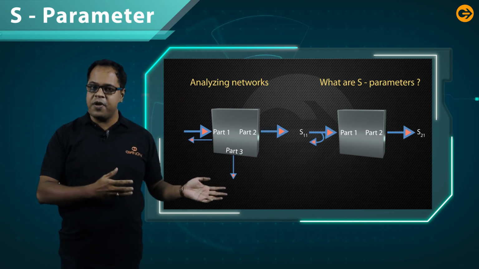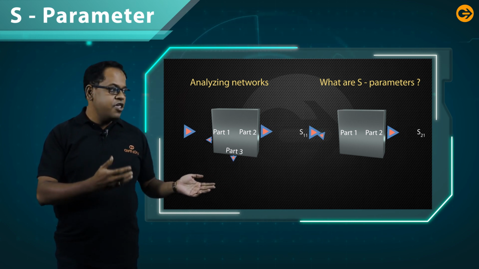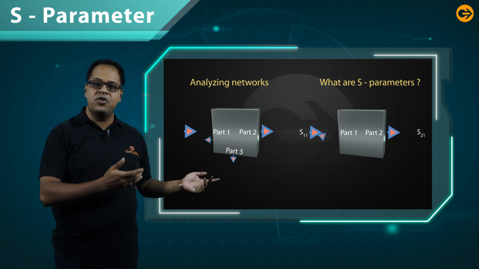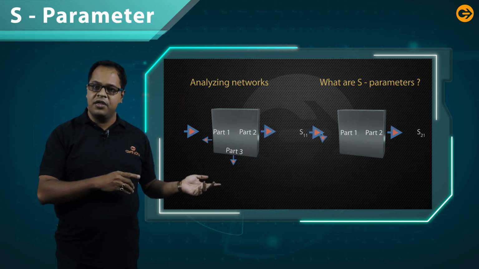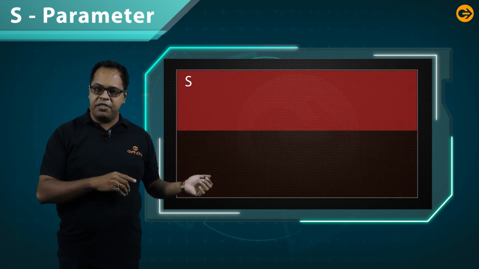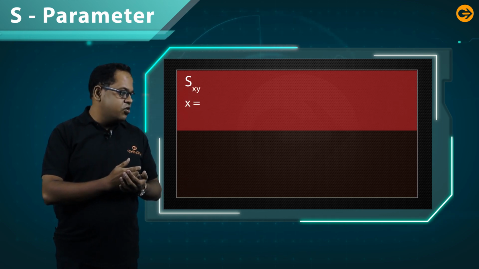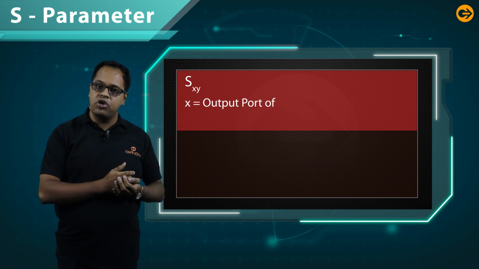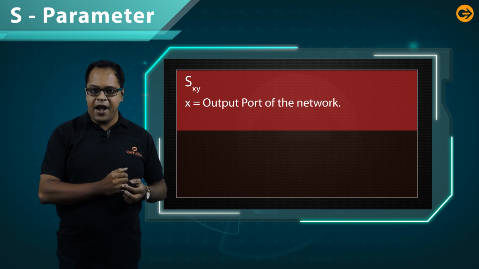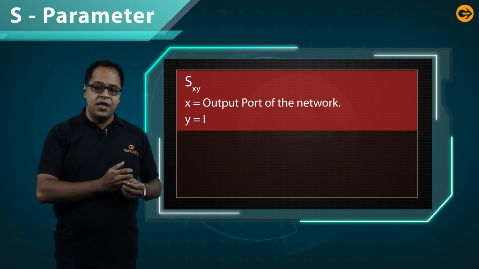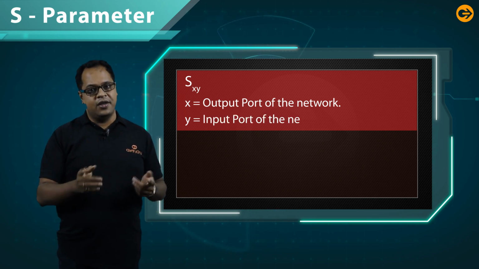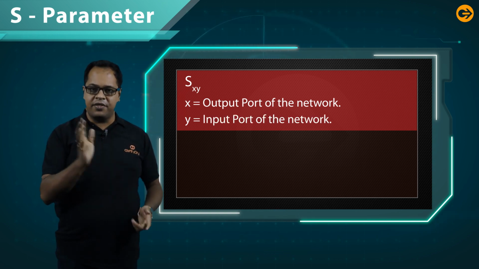How can this S parameter be represented? S parameter can be represented by the notation capital S suffix xy. The first x denotes the output port of that network, and the second one, that means y, is the input port of that network. Let us take one example.